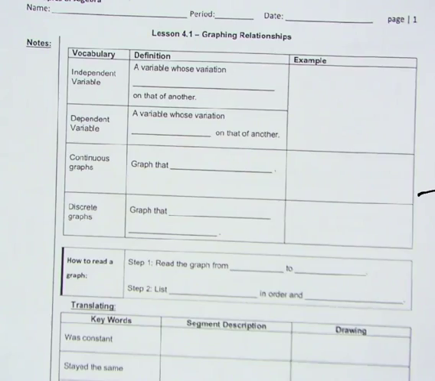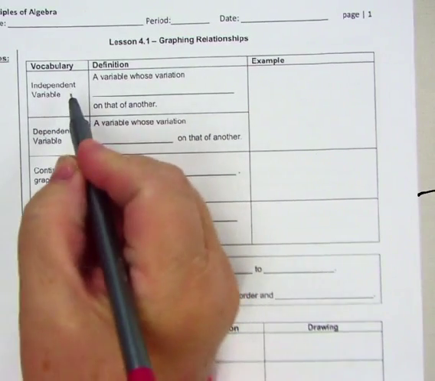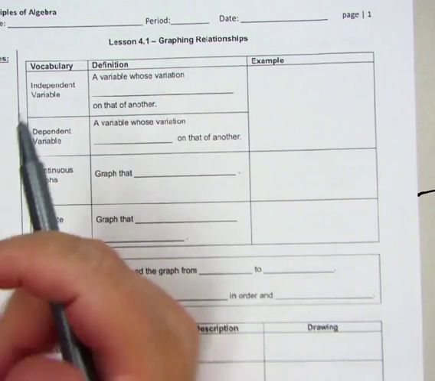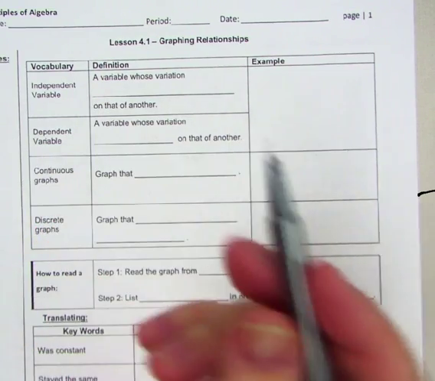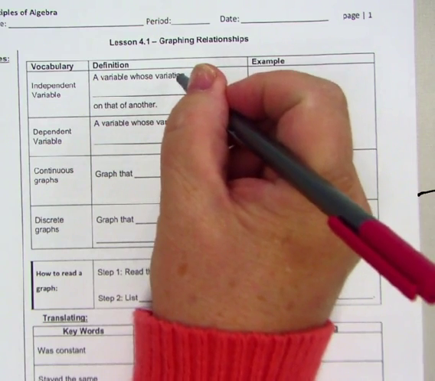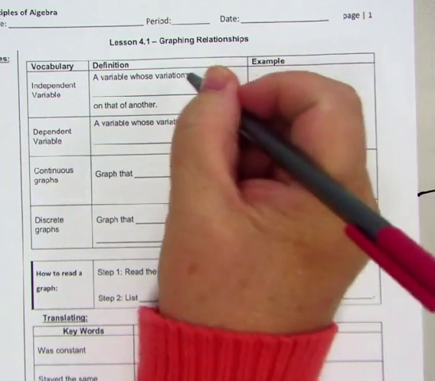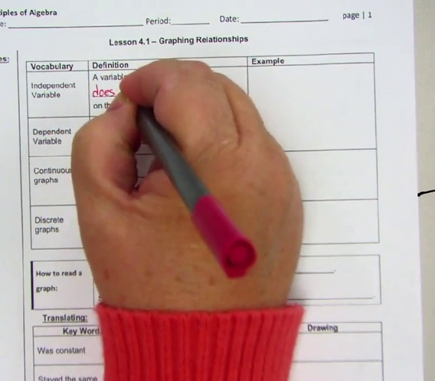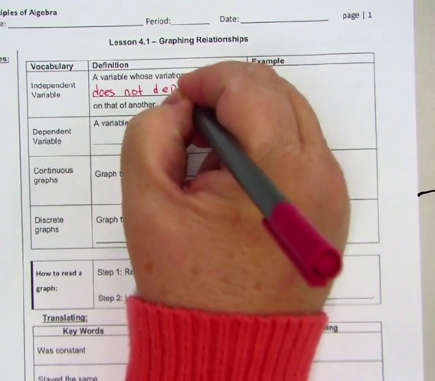So let's look at some vocabulary first. We're talking here about independent variables. So a variable is just a letter that indicates a number. We talked about those before. And a variable, the independent one, is a variable whose variation does not depend on that of another.